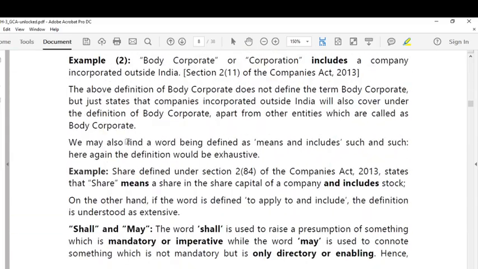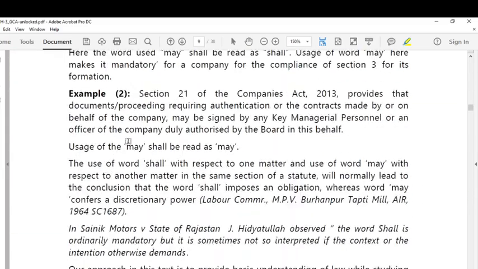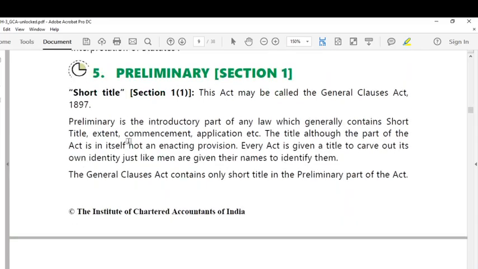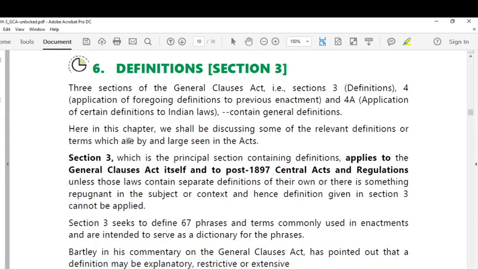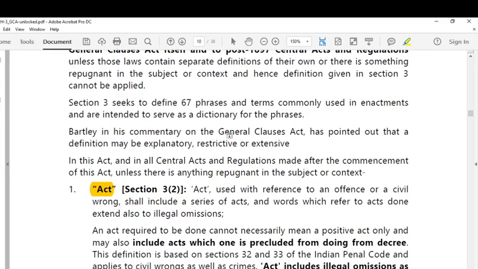Now we will go for some of the important definitions of this act as given in section 3. So students, you will get questions with regard to the various definitions given here. Any definition can be a question for you for 5 marks.